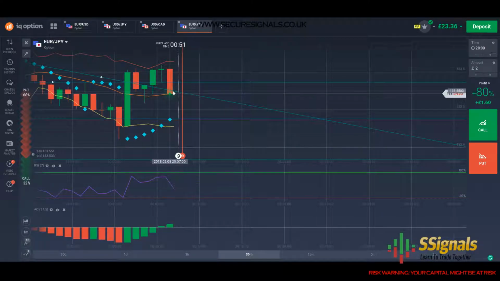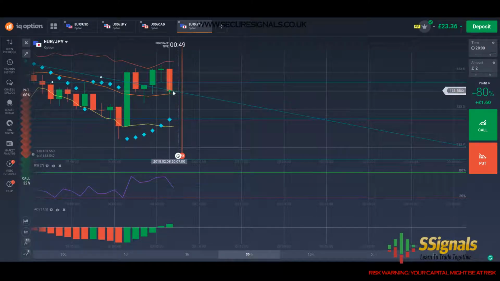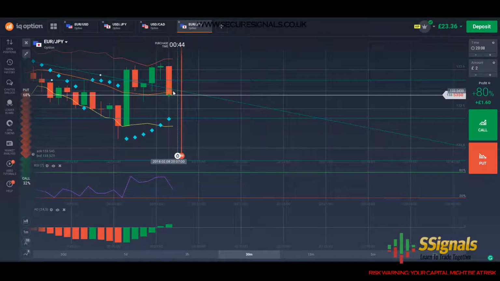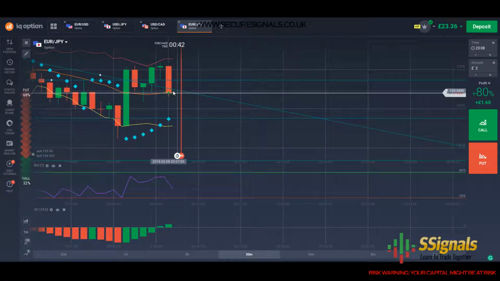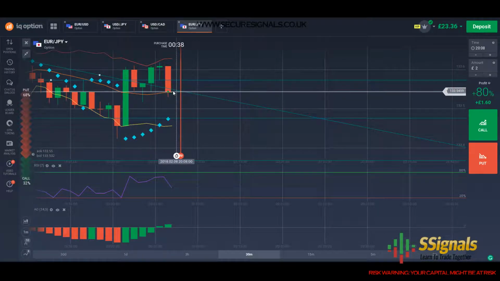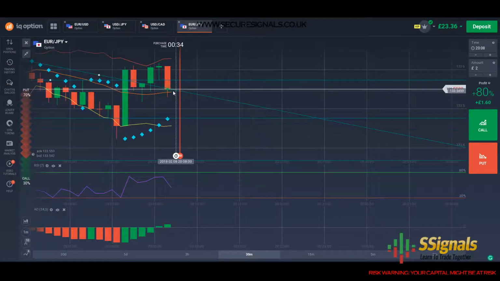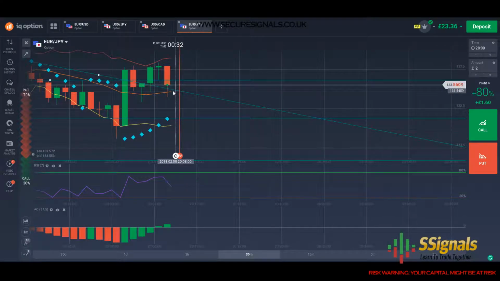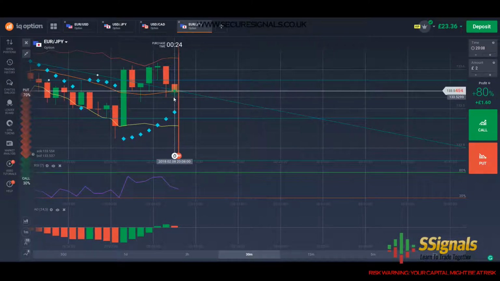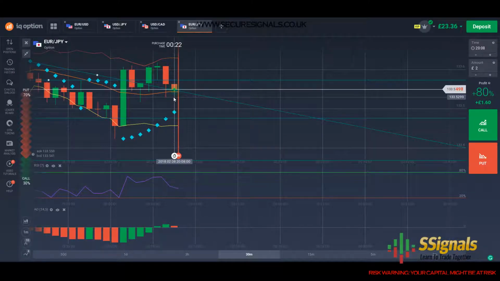I really want to wait to see how this one closes, and then we'll decide. Okay, so I'm going to go for a call around this region here. If it touches this wick, I'm going to go for a call.